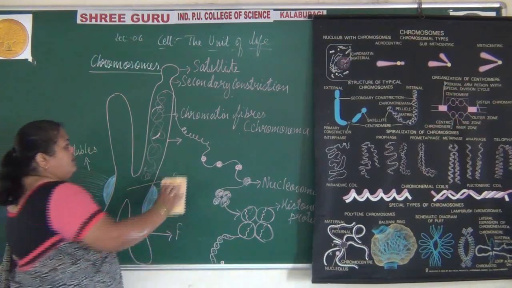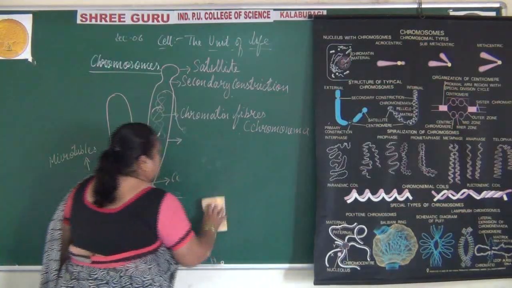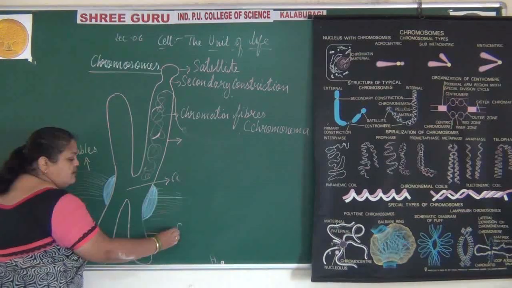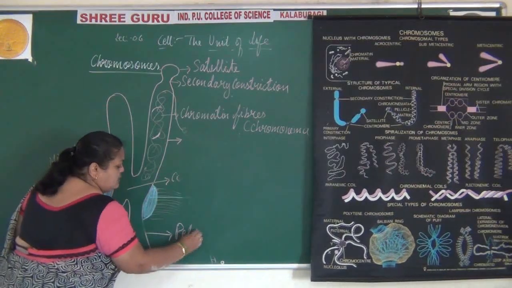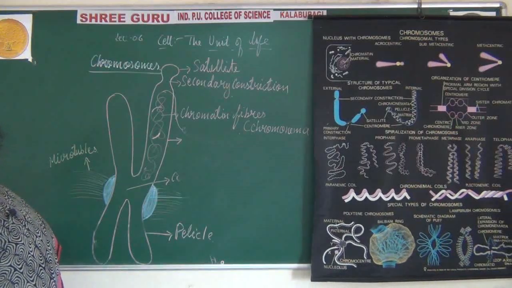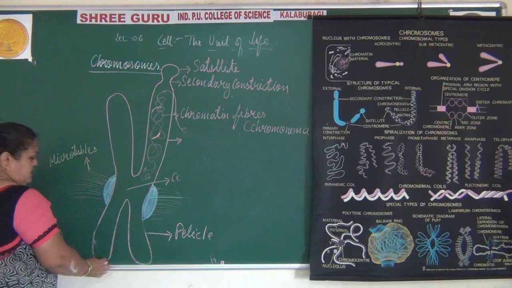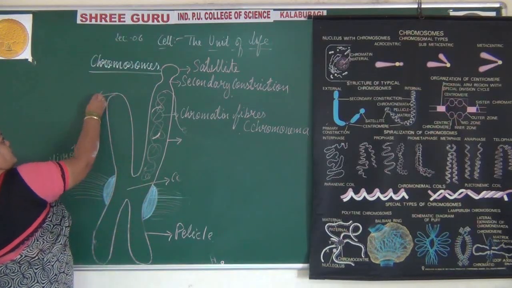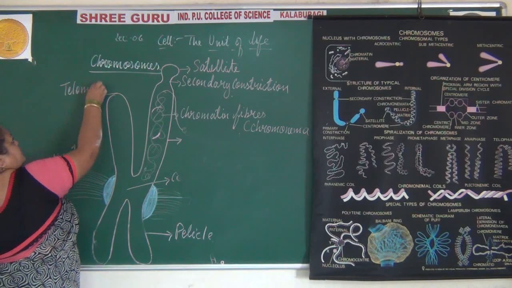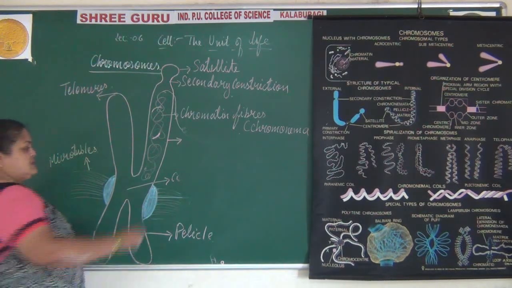Then the outer membrane of the chromosome is known as the pellicle. And the blunt ends of the chromosomes are known as telomeres.